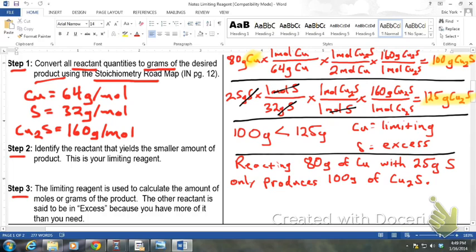So again, because copper was limiting, meaning we only had a limited amount of it, we had excess sulfur. When we reacted 80 grams of copper with 25 grams of sulfur, it only produced 100 grams of copper 2 sulfide, even though we had enough sulfur to make 125 grams. We couldn't make 125 grams because we ran out of copper before we got to that point.